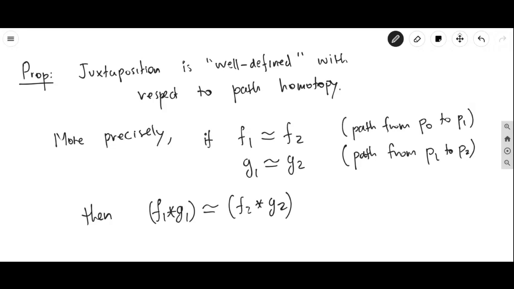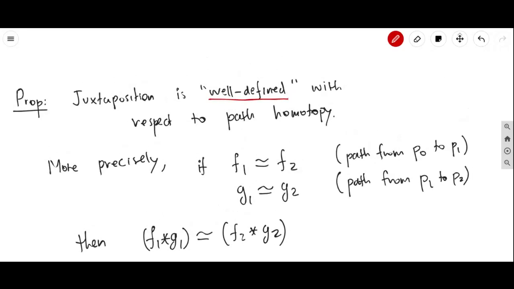That's the idea. So well defined means the answer does not change. Basically, what well defined means is that even though you can make choices, the calculation is the same. So you get the same answer.